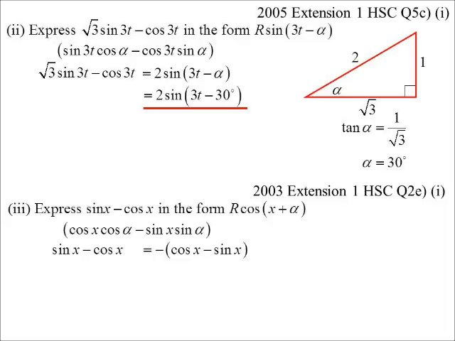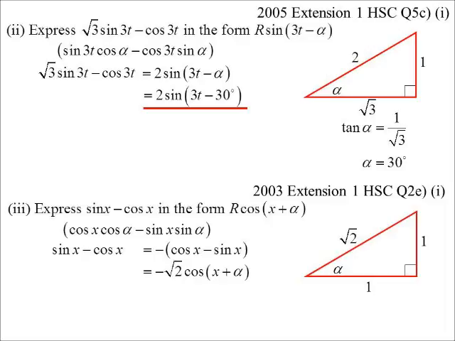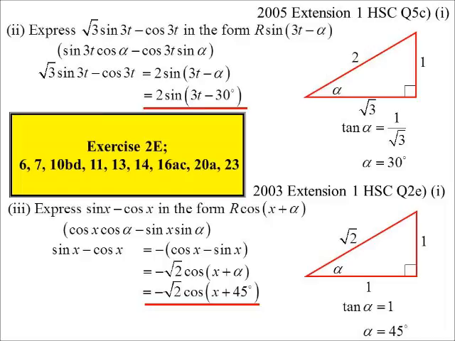Nowhere did they say r had to be positive. So now, it's 1, which makes that one root 2. So there we go. It's minus root 2 times the cos of x minus alpha. Alpha in this case is 45 degrees. There's the answer. 2e.